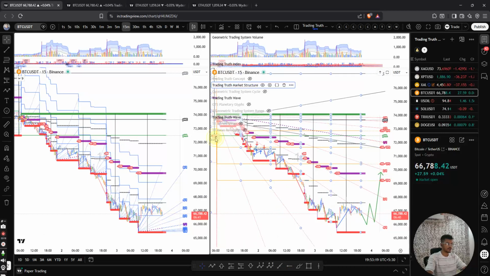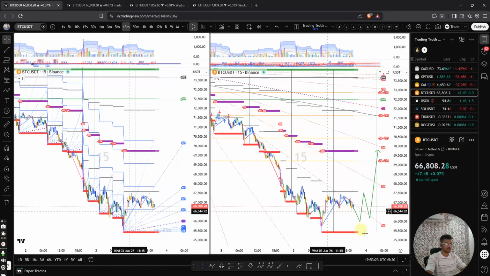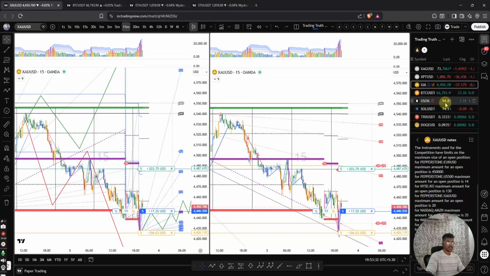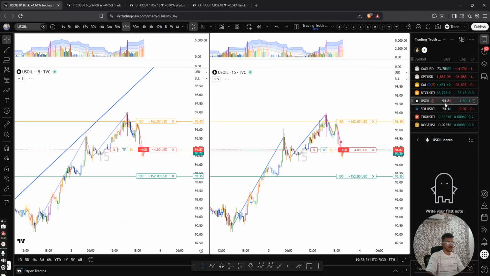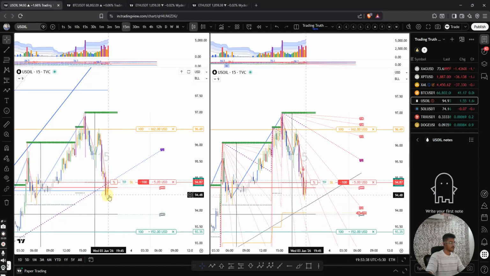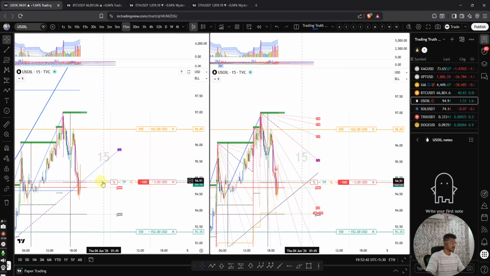Just this average range profit target is good enough. The market just went down really fast, man. So the gold trade is going good. US oil is around break even. We shorted that, right? It's taking support around here.